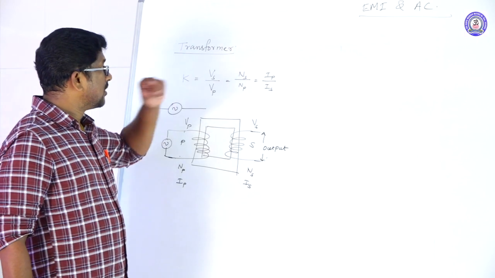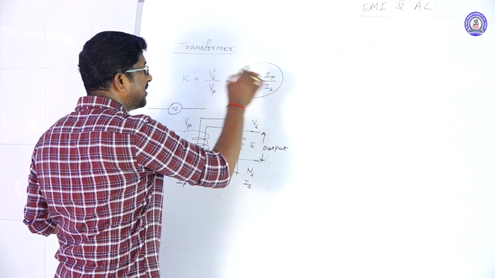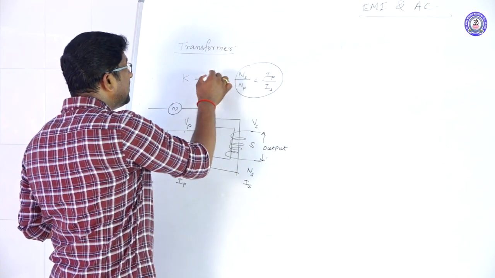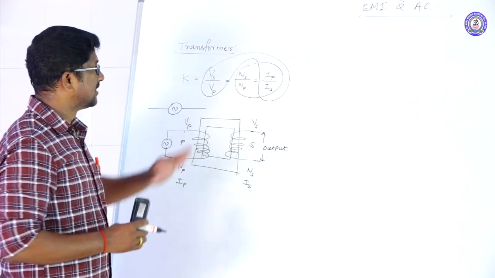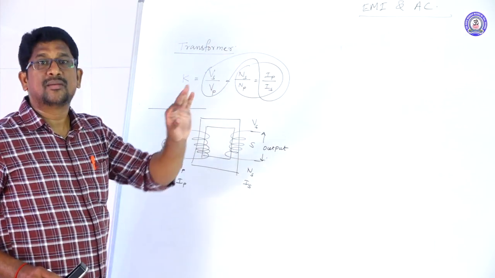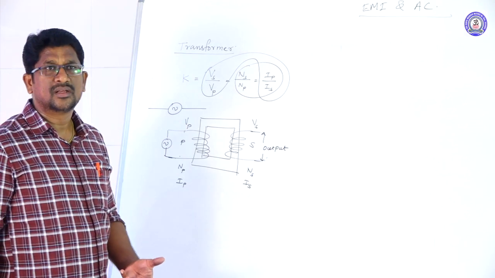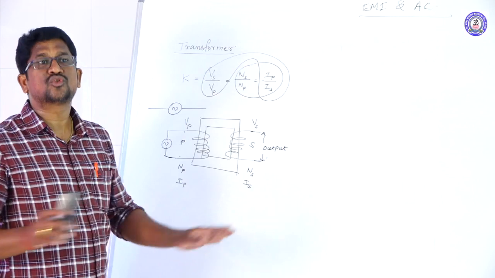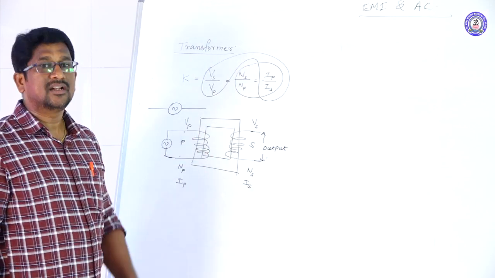And one more thing, Ns divided by Np is equal to Ip divided by Is, or Vs divided by Vp is equal to Ip divided by Is. This condition is only applicable for an ideal transformer. What is an ideal transformer? A transformer in which there is no power loss or energy loss is called an ideal transformer.